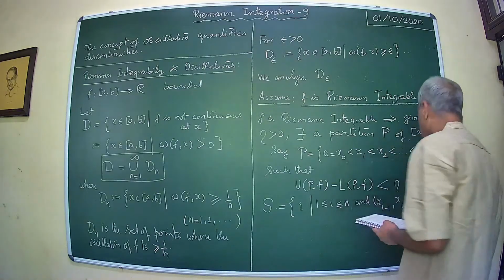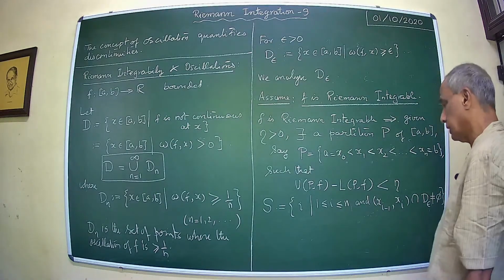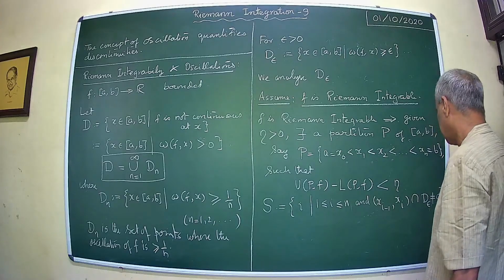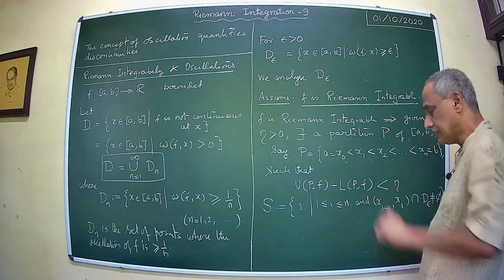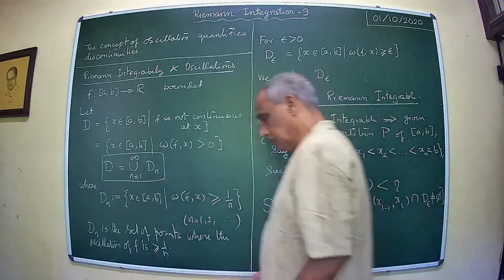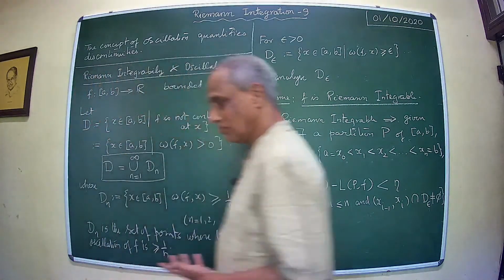Which means you are simply picking up those intervals where you have discontinuity greater than or equal to epsilon. That's what it is.